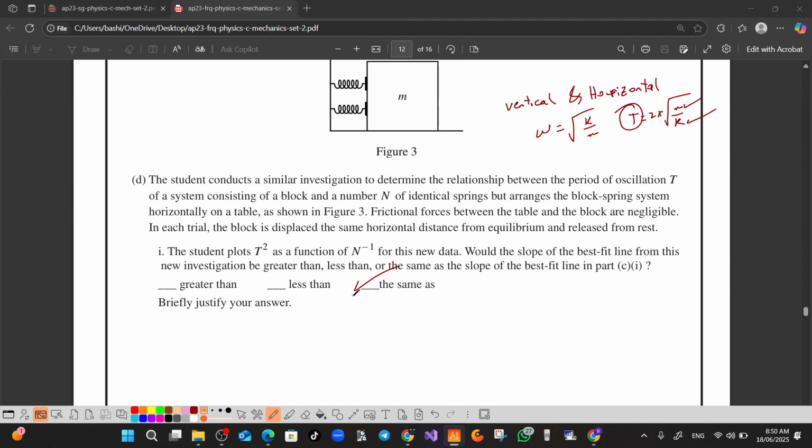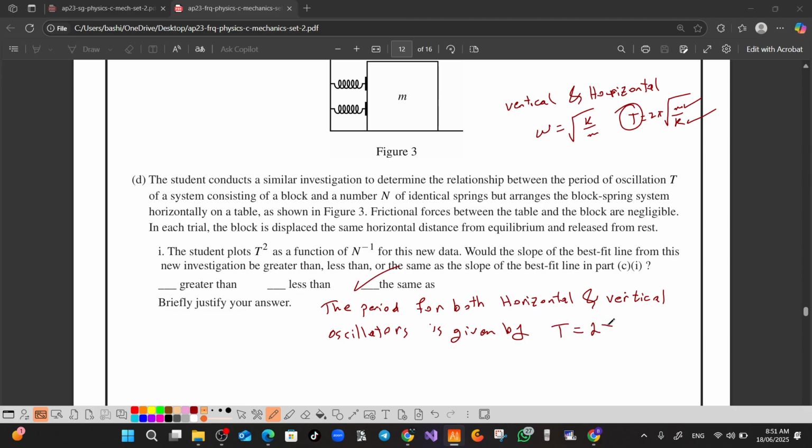Now, the period for both horizontal and vertical oscillators is given by T is equal to 2 pi square root m over k.